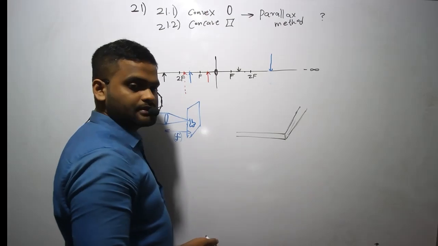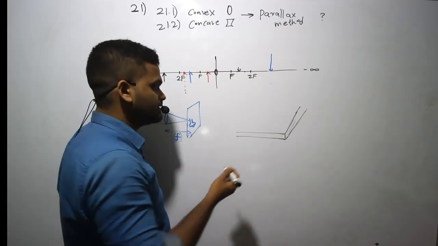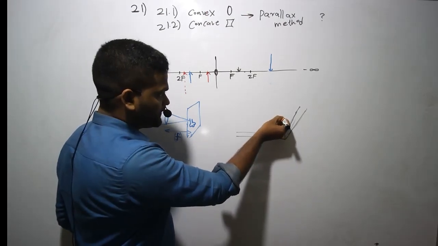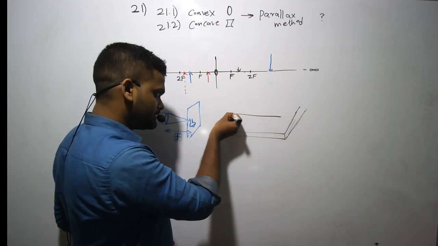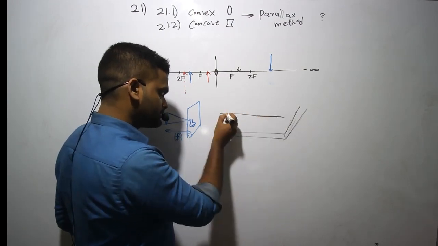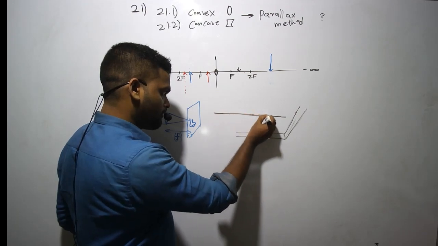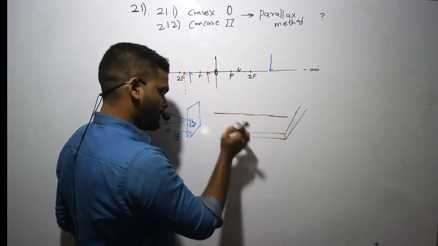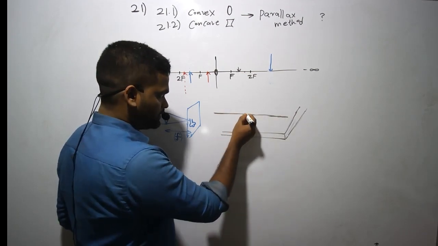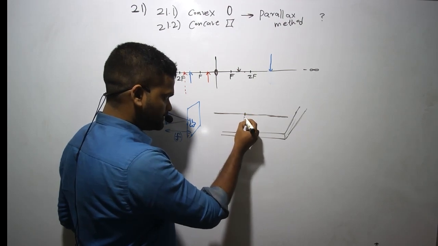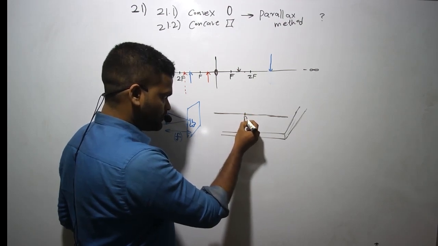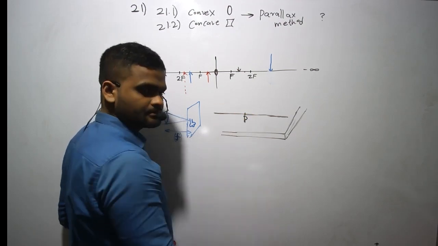So what you do is, using a chalk or something, you draw a straight line on the table like this. Straight line on the table. Then you can mark a point. This is the position where you are going to place the lens.